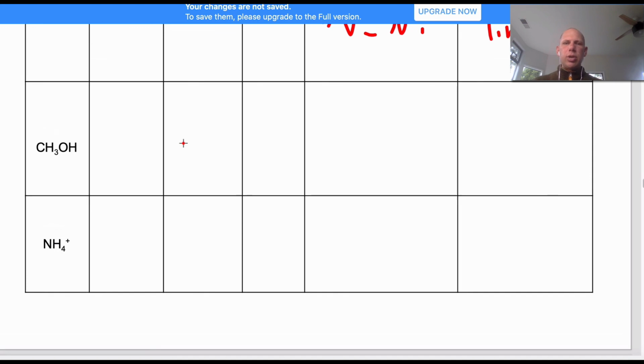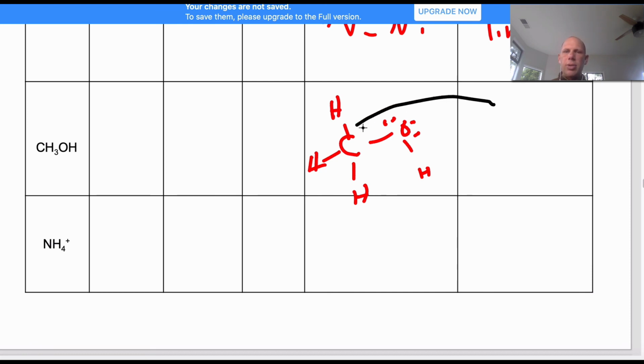This is an interesting one. You actually have two shapes in this one. Come on, pen. You have H, H, H, O, H. Okay, so I'm going to do it with a different color here because that carbon right there has 1, 2, 3, 4.